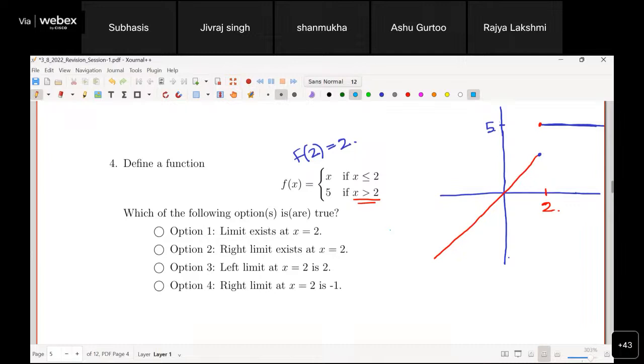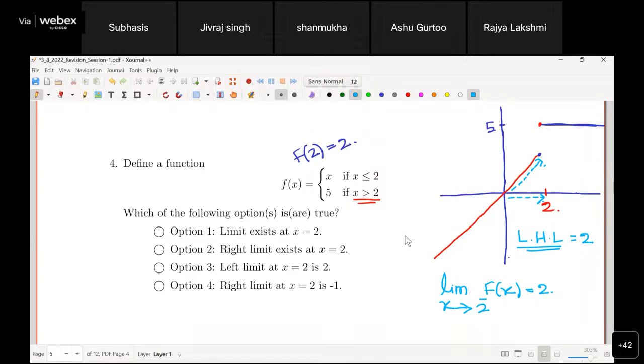As you can see, the value of the function is approaching 2. So the left hand limit is basically 2. So the limit as x tends to 2 minus of f of x is 2. What about the right hand limit?